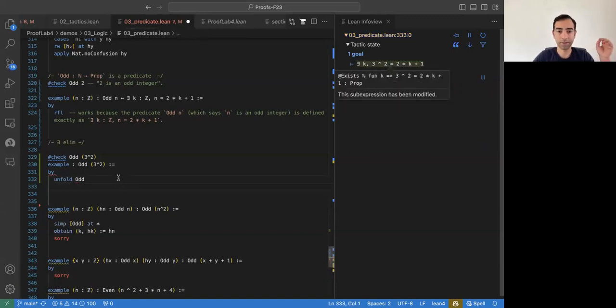Something happened and our goal changed. Our goal became an existential statement: now the goal is to prove that there is an integer k such that 3 squared is 2k plus 1. So now our goal is to find such a k. How do I do that?